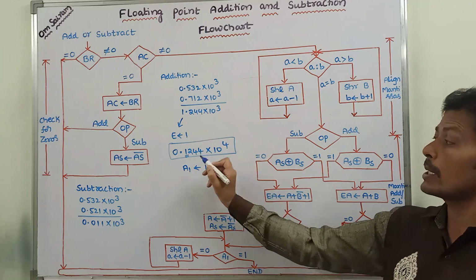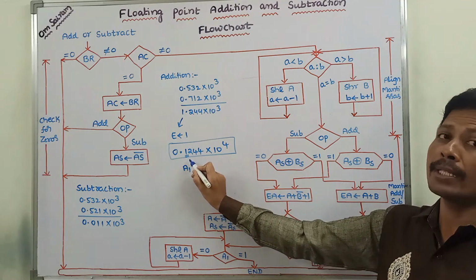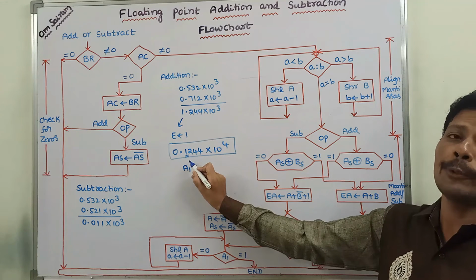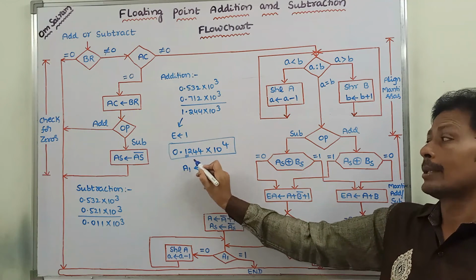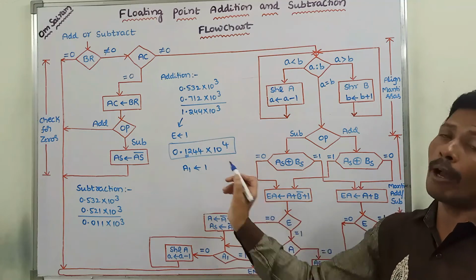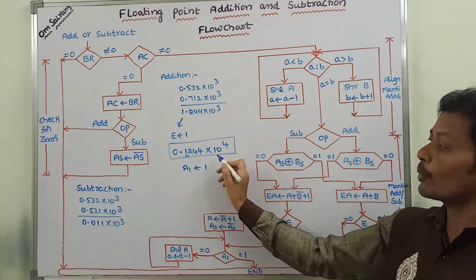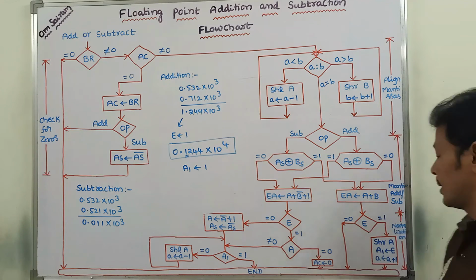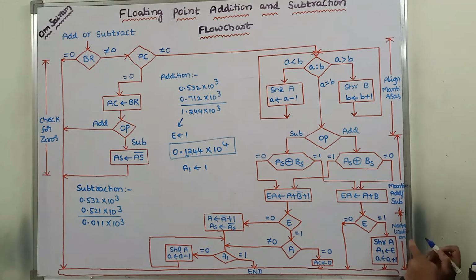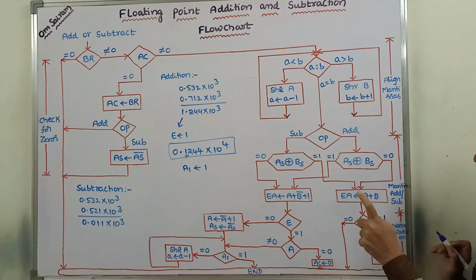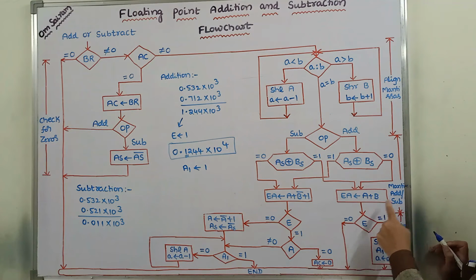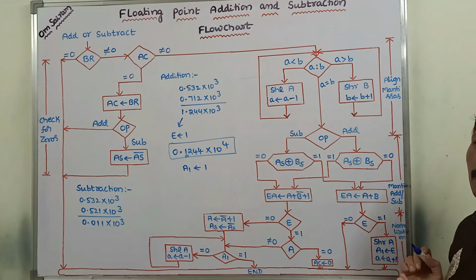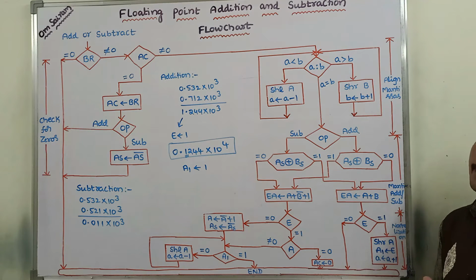Whenever the most significant bit of the mantissa is a non-zero value, we can say that this result is a normalized result. This floating point number is a normalized floating point number. That is the fourth step. After performing the addition operation, whatever result we get is the normalized result.